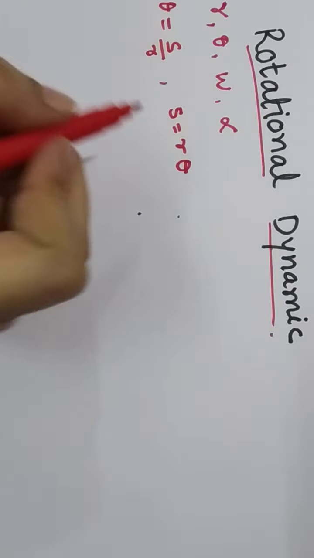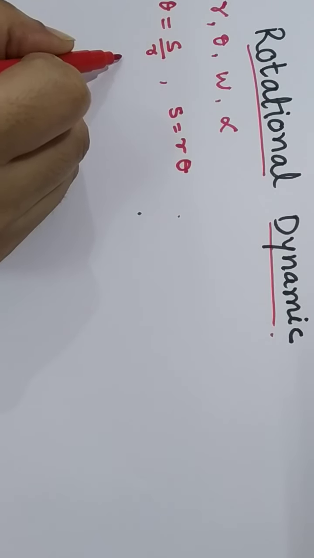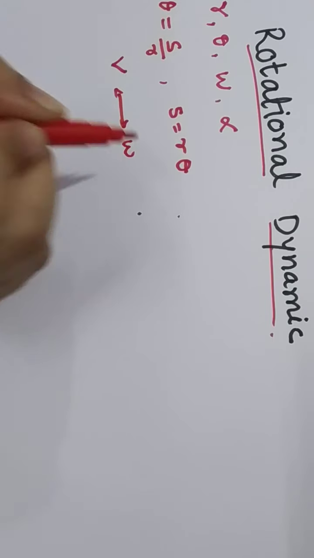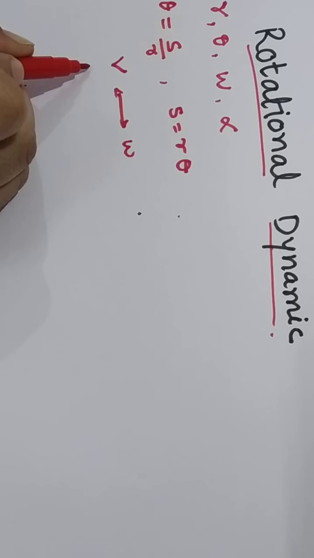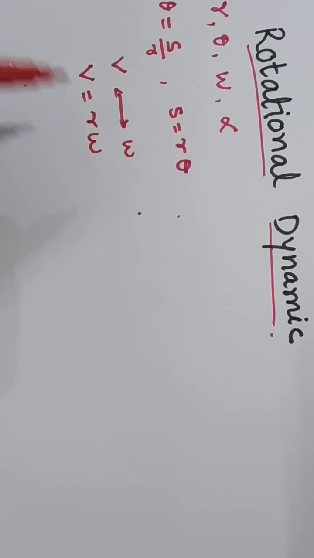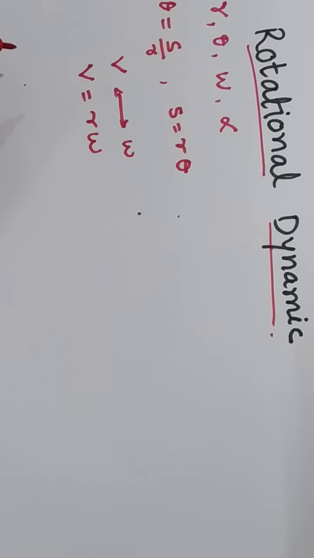Second thing, the linear quantity velocity, which is analogous to angular velocity, we have the relation between them, v is equal to r omega. Similarly, we had seen the relation between linear acceleration and angular acceleration. They are analogous to each other, and the relation between them is a is equal to r alpha.